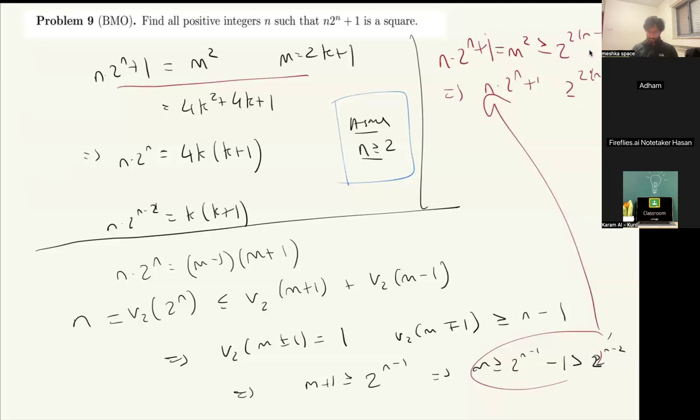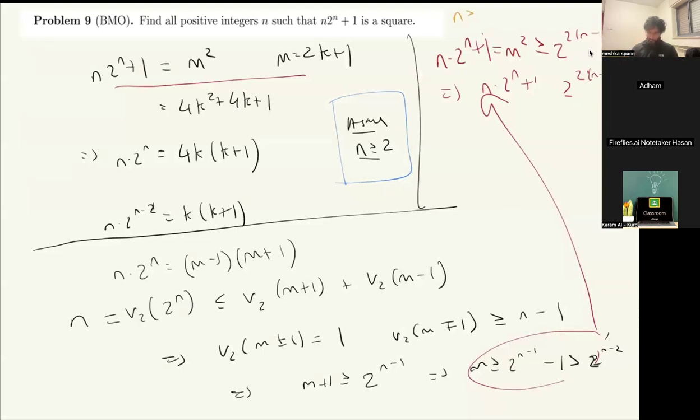Bigger or equal than 3. And now where do you want to put it? Here I want to put strictly bigger than 2 to the twice n minus 2, like this.